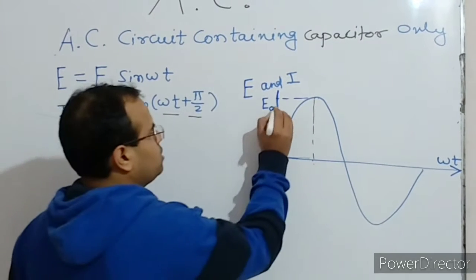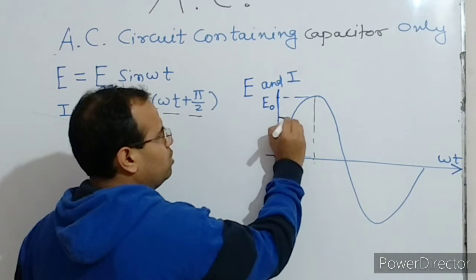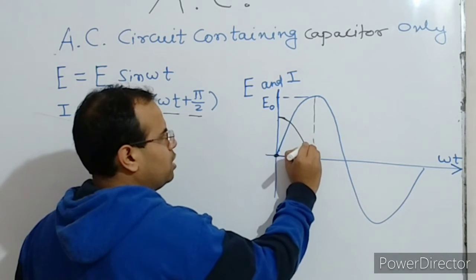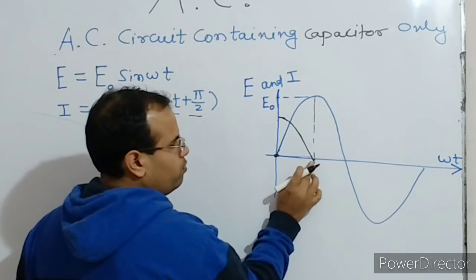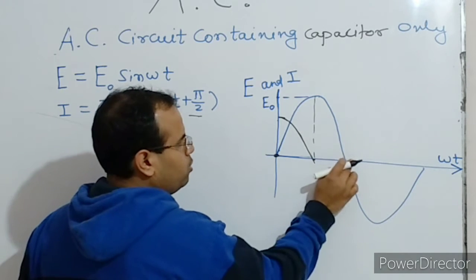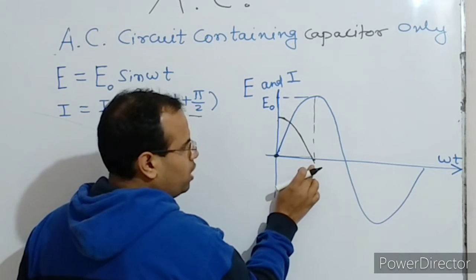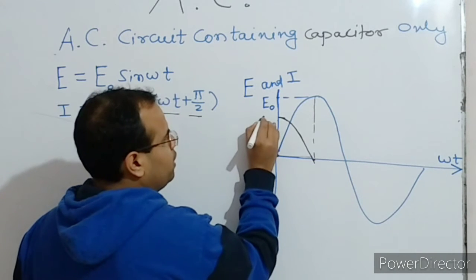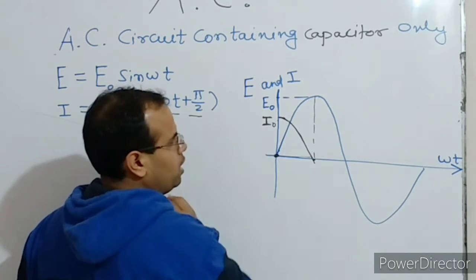So this is the maximum value, then it decreases like this. You can see here that after angle pi by 2, when the value of EMF is 0, the current has this value, and this value is actually I naught.